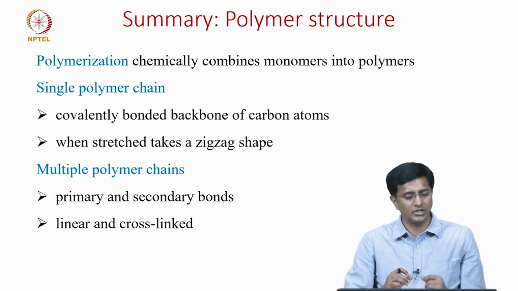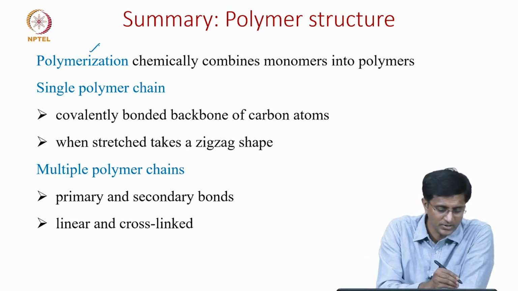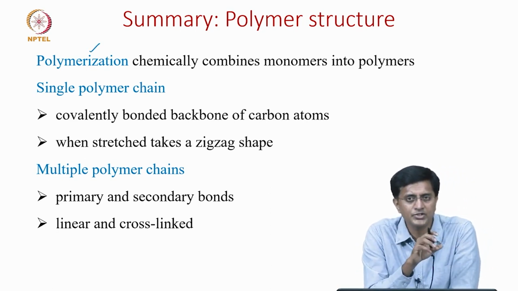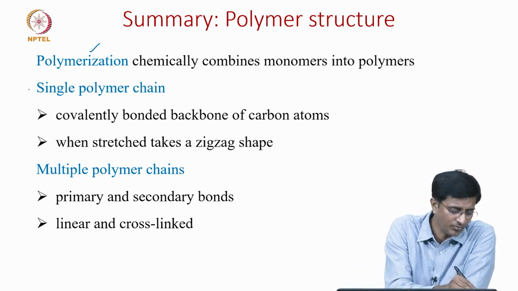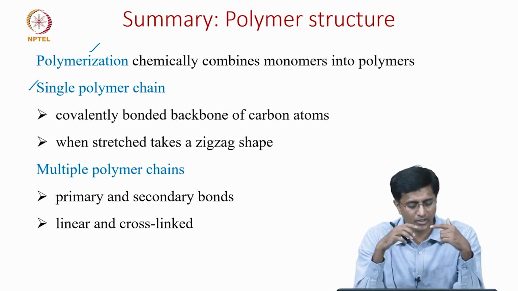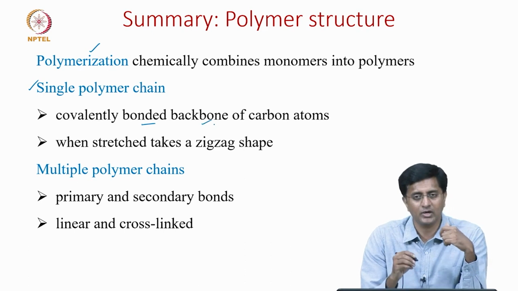So, let us summarize this video. We started by defining what polymerization is, saying that it chemically combines monomers into polymers. Then we looked at single chain polymers. We understood what the covalent bond is, which acts as a backbone for the carbon atoms.